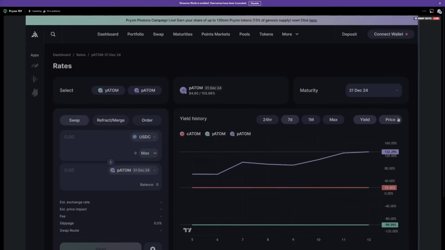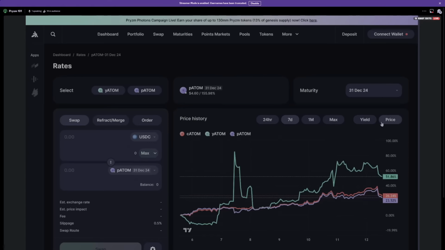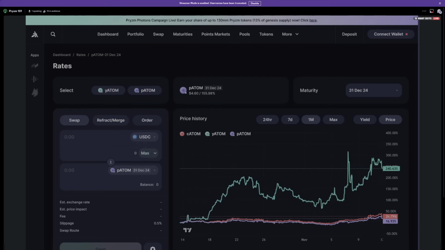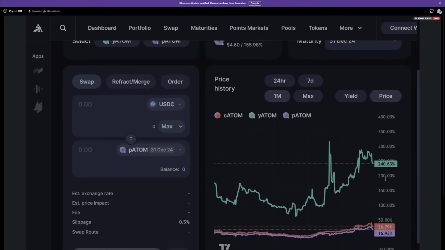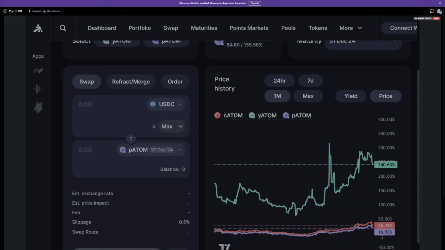So we click here, we can see the price of P atom and the price of C atom that it contains. You can see that, say, over a month, C atom's done 26.79% in return, and P atom's done 16.93% in return. But guys, by all means, say if you can't see on the charts, or you can't see my mouse, and I'll try and zoom in.